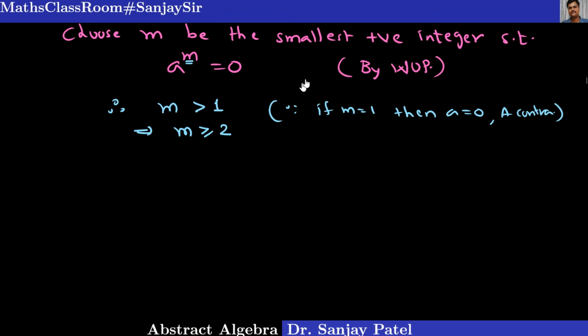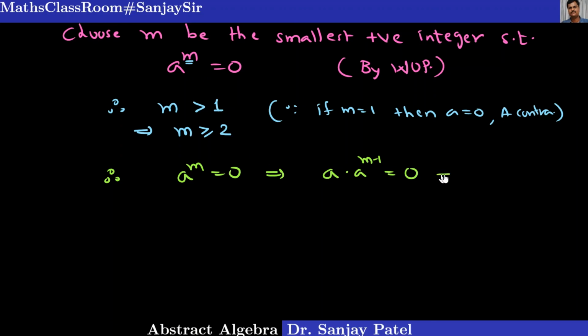So therefore I can write this a raised to m equal to 0 as a into a raised to m minus 1 equal to 0. Remember, m minus 1 cannot be 0 because the minimum value of m is say 2.